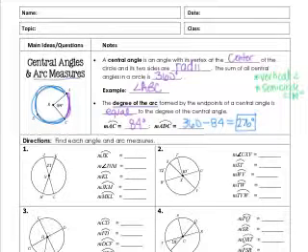Well, I notice that JNK is a vertical angle to LNM. So, vertical angles are congruent. So, if this is 21 degrees, then that makes this 21 degrees as well.